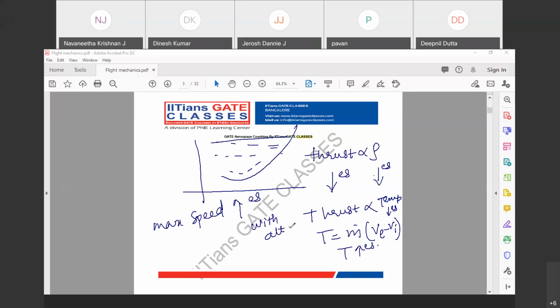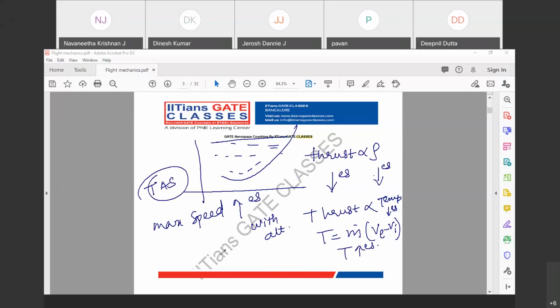Thrust falls in the same ratio as your density. Thereby, my maximum speed decreases. That is only if I express airspeed in terms of true airspeed.